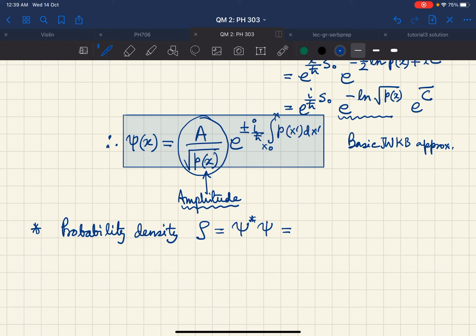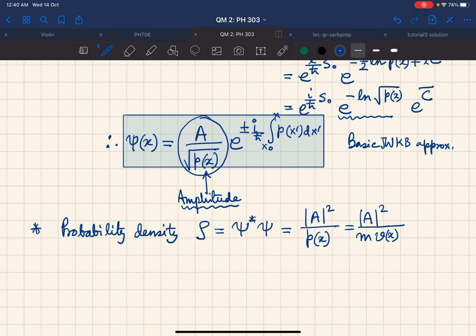What remains is mod A squared divided by p(x). But classically I can always write this as mod A squared by m times v(x), where v(x), as defined in the previous class, is the local classical velocity.